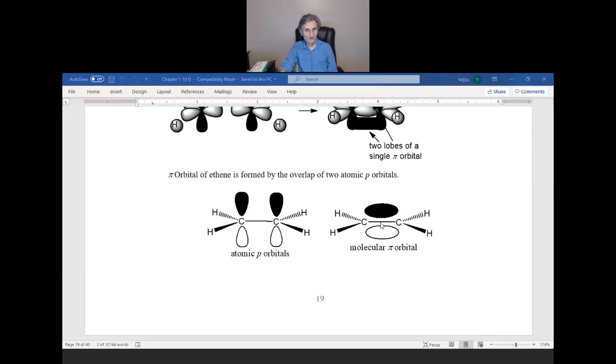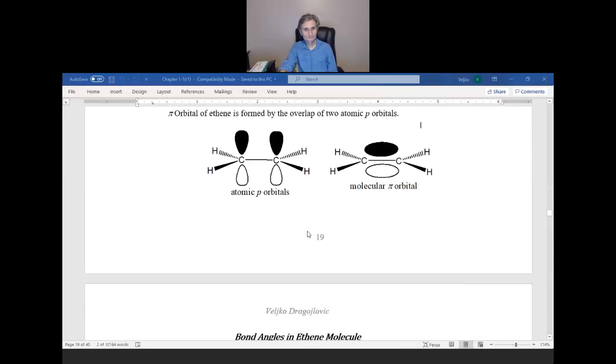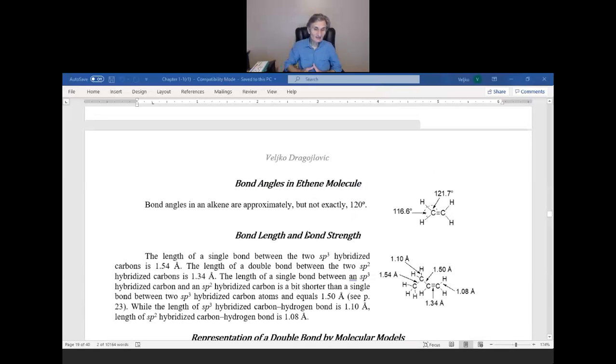So you can see pi is above and below. Bond angles are actually approximately 120, not exactly 120. But on the test, mine and anybody else's, you should always answer 120, because we don't expect you to memorize each individual bond angle. There is nothing special about that.